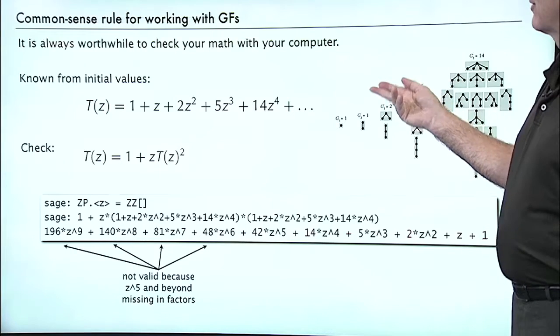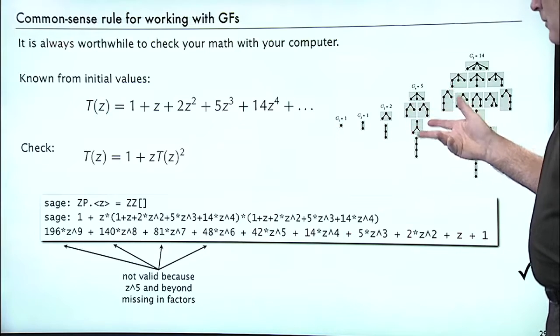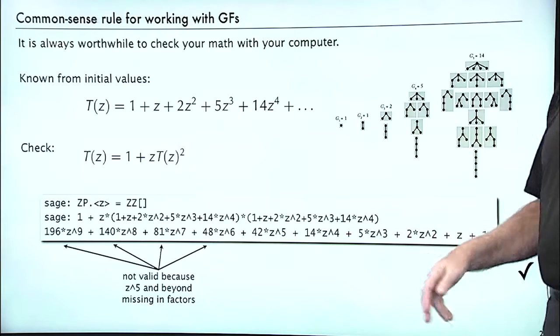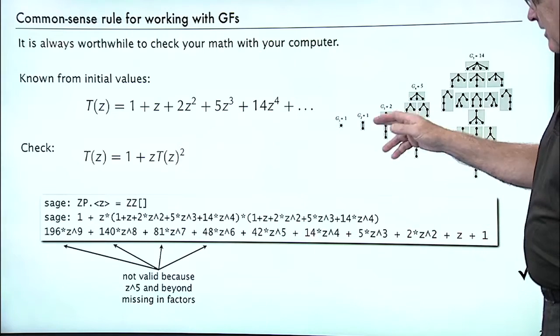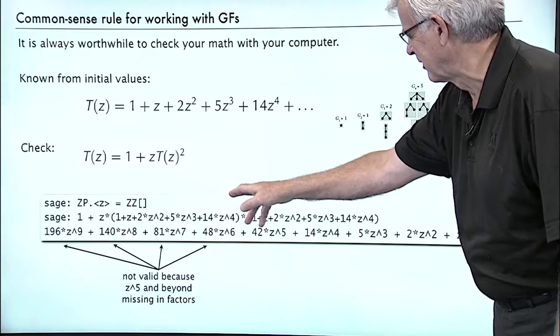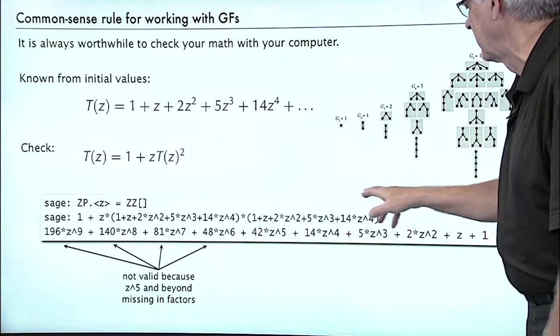Before we go any further, we might want to check that this equation really holds. And you can do it in pencil and paper, or you can use a symbolic math system, and you can see that if you take 1 plus z times 1 plus z squared and so forth, I just took it out to 4 terms here, the ones that we know.